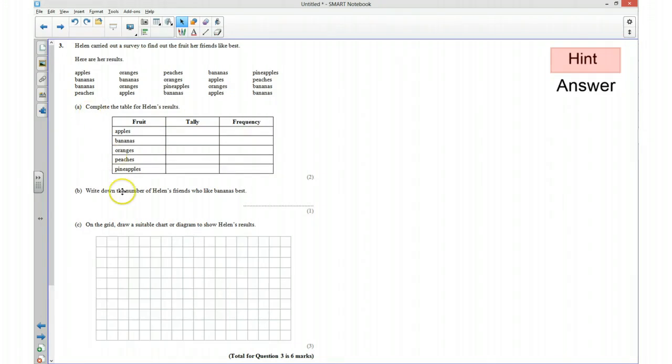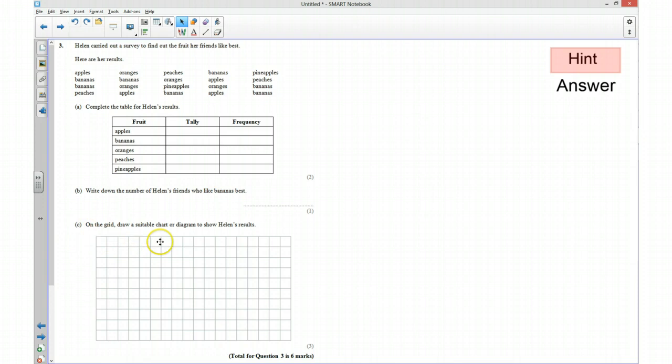We're then going to tally, and my tip here is maybe do 4 at a time, and then tally it through, and then check at the end to make sure that you've tallied it up correctly, and then write in your frequency. Part B says write down the number of Helen's friends who like bananas best. So you can use your table to decide how many, so the frequency for how many like bananas best.